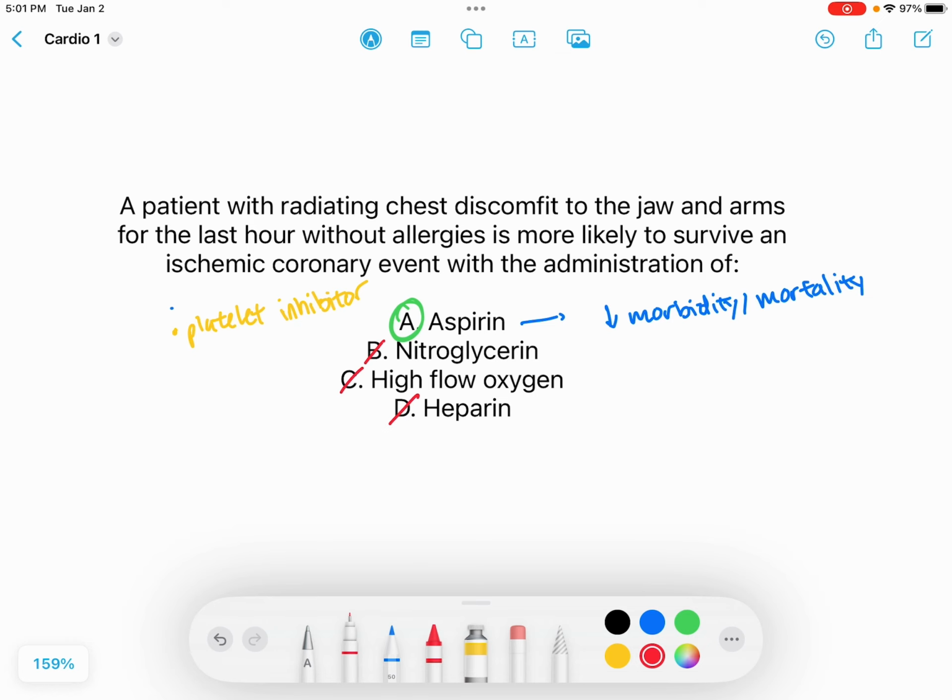But heparin is not necessarily going to save this patient's life either the way that aspirin will, because this is more particularly a platelet issue, not so much a clotting factor issue. Heparin, for those who are curious, is actually an anticoagulant, so it works on clotting factors, which is a complementary but separate system from how the platelets work. So they work together, but they are separate systems.